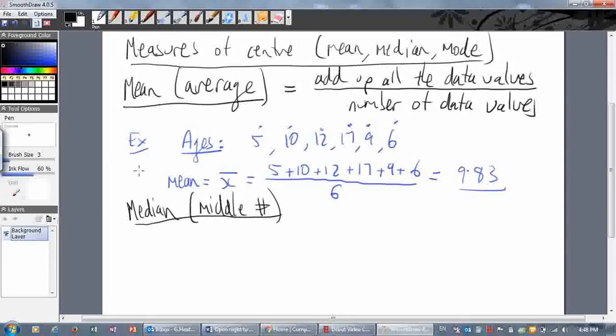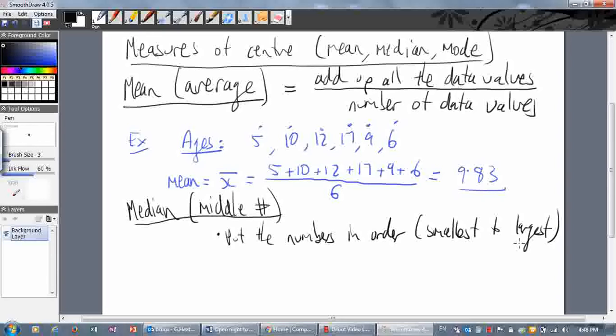So to find the median, firstly, you have to put the numbers in order, and just to make it obvious, make it smallest to largest, and then you have to figure out the middle number.